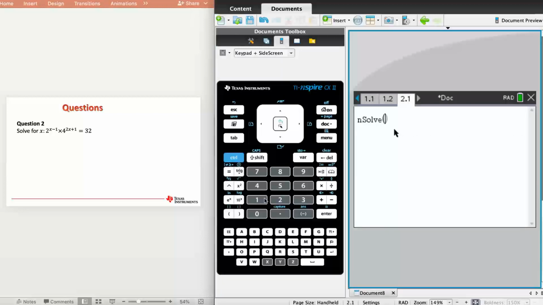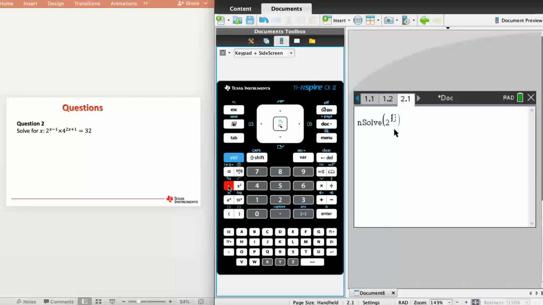So I have 2 to the power x minus 1, right arrow, multiplied by 4 to the power 2x plus 1. Right arrow is equal to 32. Again, in this equation, I'm solving for x. My variable is x, so comma and x. Enter. So it appears that my answer is 0.8.